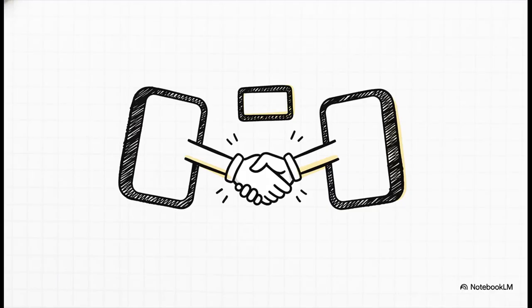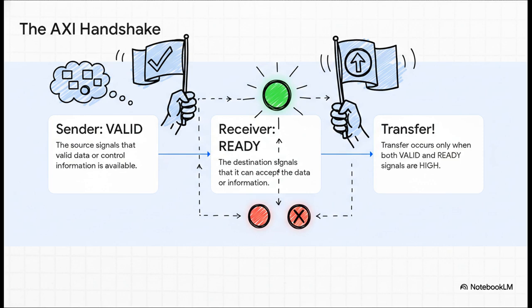Okay, the absolute bedrock of all AXI communication is something called a handshake. It's a really simple but totally foolproof agreement that has to happen before any information changes hands. It makes sure that data is only sent when the sender is actually ready to send it and the receiver is actually ready to get it. You can think of it like a smart traffic light.